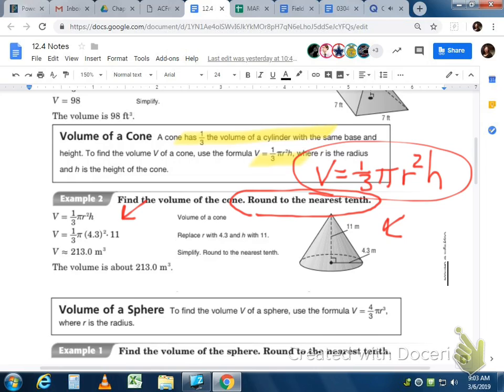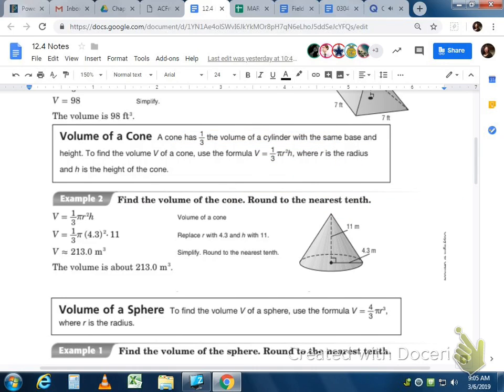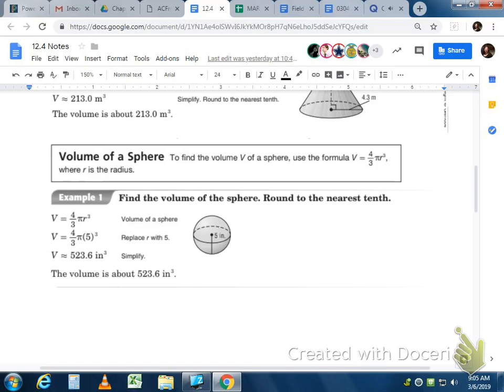Questions about a cone? I feel like that one's a little bit easier because you know it's always pi r squared and you don't have to worry about what shape the base is. Questions about that? All right, and last but not least, the volume of a sphere. Again, you will be given this formula, but the only dimension you're going to be given would be the radius.